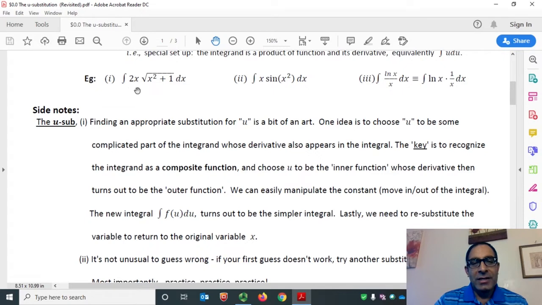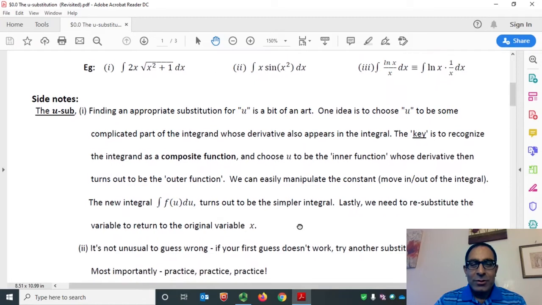So the idea is to put u equals the inner function, then its derivative turns out to be the outer function. We can easily manipulate the constant. The new integral turns out to be a simpler integral than the given integral. Lastly, we need to resubstitute the variables to return to the given variable x.